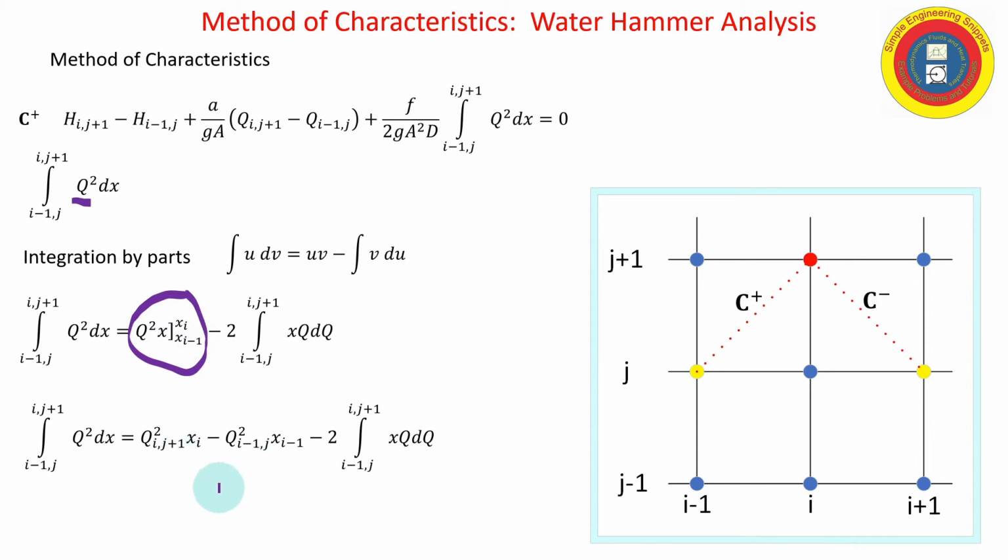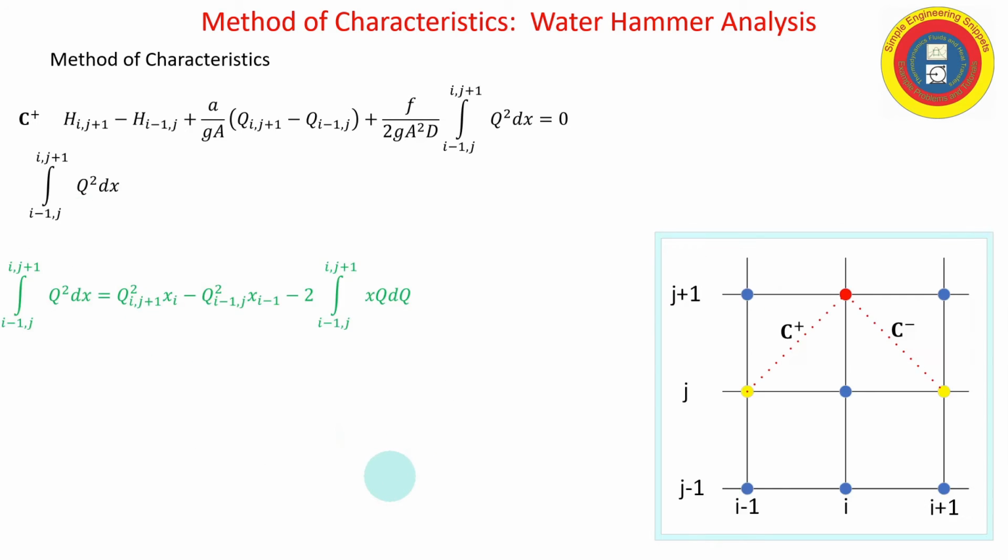So far, all we've done is calculus, but we're not done yet, in that we still have the last term, which is still troublesome because we still don't know Q as a function of x. So this is where we are going to utilize a numerical scheme. We're going to numerically integrate this term.